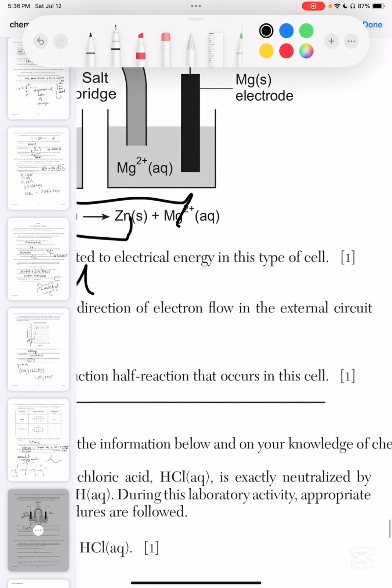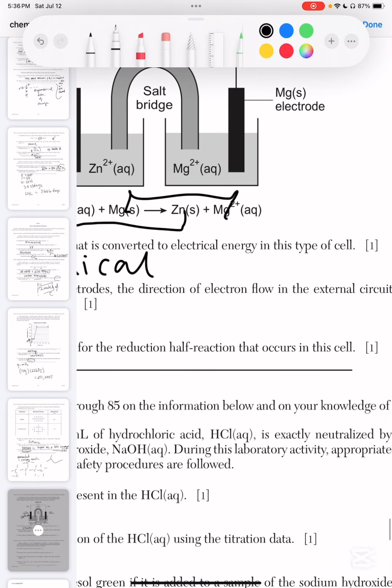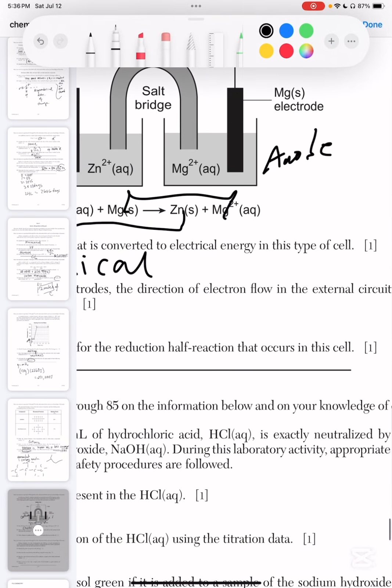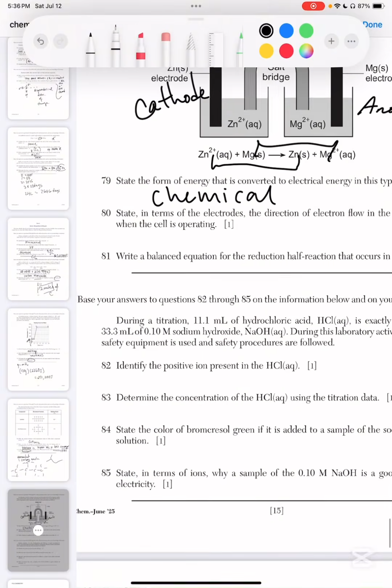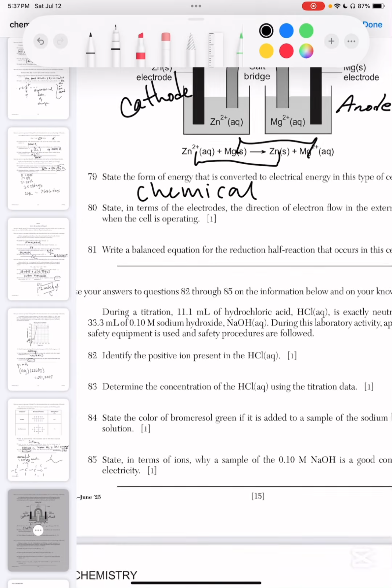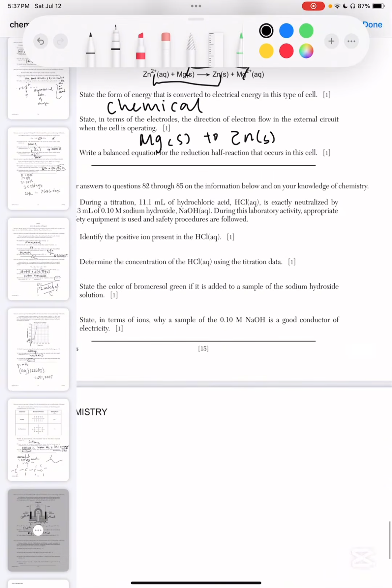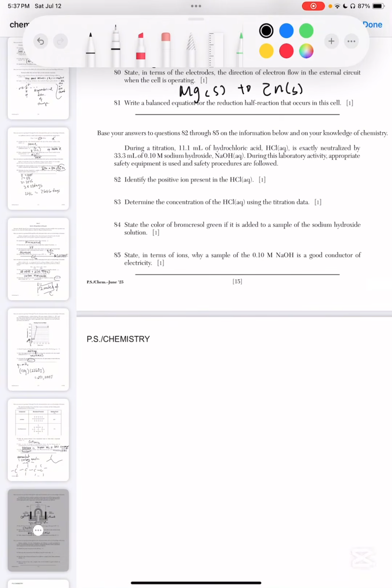This is oxidized because it's going from 0 to +2, so this is the anode. And as we know from An Ox Red Cat, the electrons flow from anode to cathode. So you can say Mg to zinc, or you can write the whole thing out. It doesn't really matter.